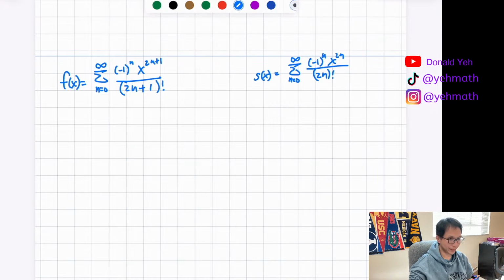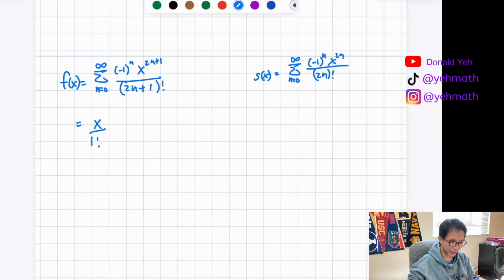So what we're gonna do is, obviously this is a power series of some type of function, and we've got to find out what that function is. The best way is to show you through decimals. If I had plugged in n equal to 0, then I would get what? x to the what power? Oh, x over 1 factorial, right?